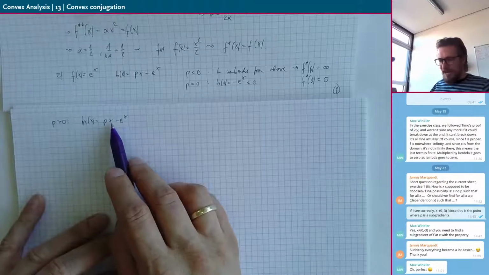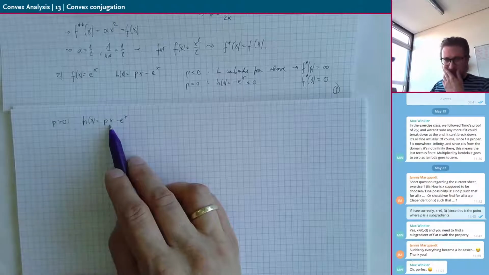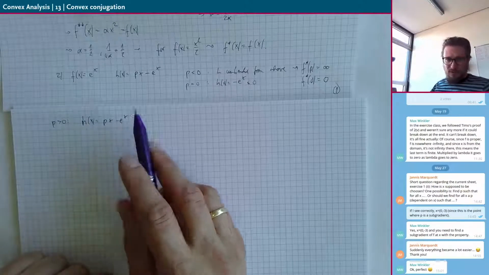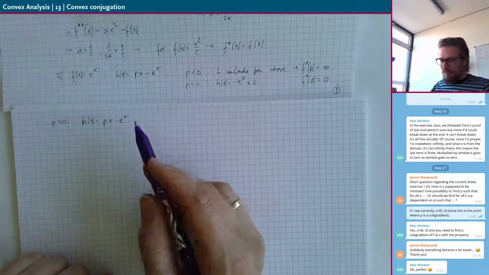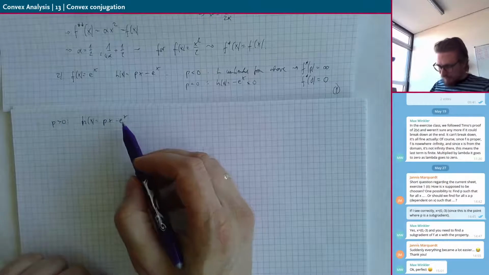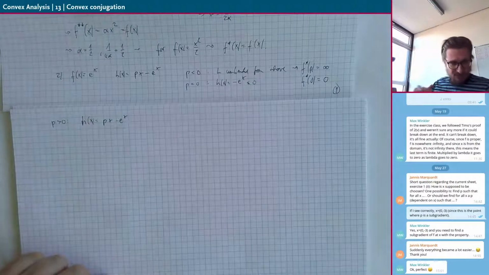So the larger the x, this goes to negative infinity fairly quickly, this goes to plus infinity fairly slowly, so this is going to win, and we expect that this has one global maximum. Of course it has one global maximum because it's continuous, and this goes to minus infinity for x to infinity, and also goes to minus infinity for x to negative infinity.